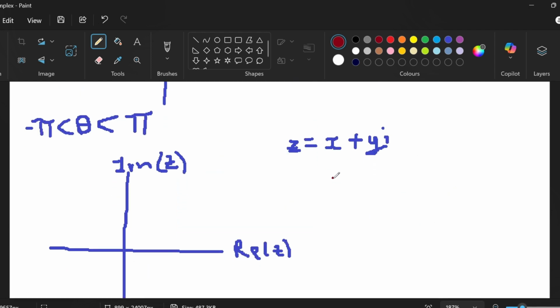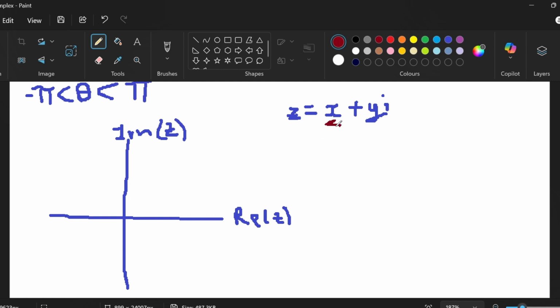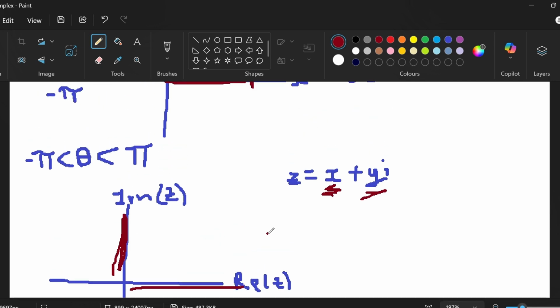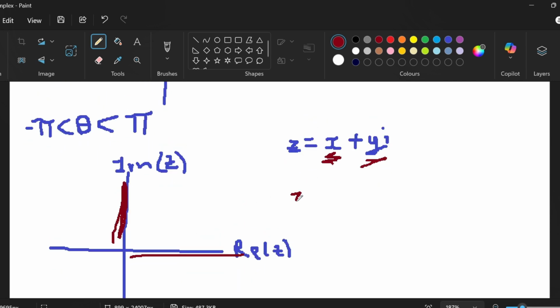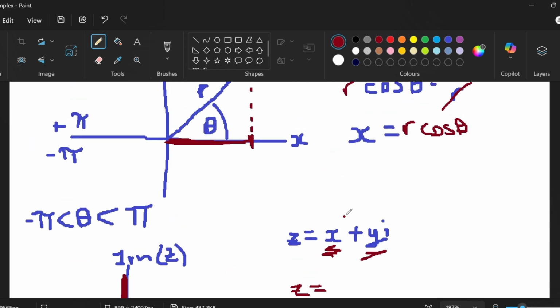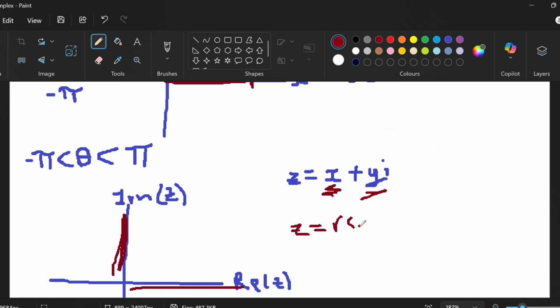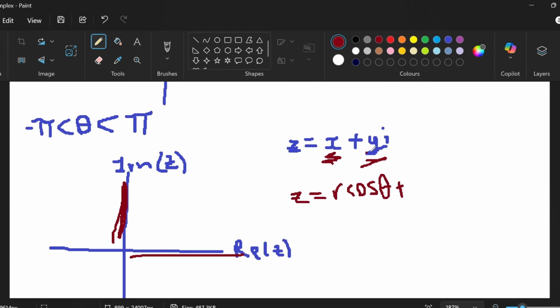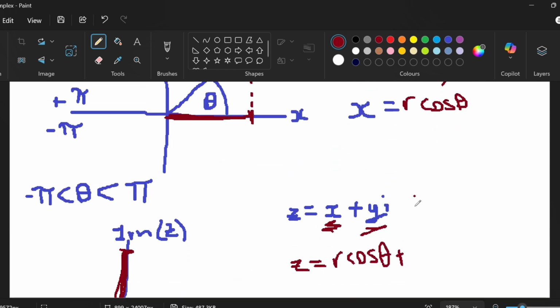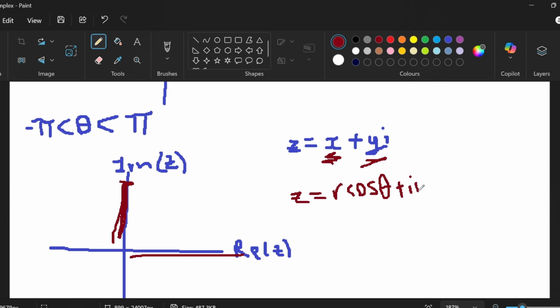Because in an Argand diagram I have my real parts on my x-axis and my imaginary parts on my y-axis, I can write this complex number as the expression for my x-coordinate, r cos theta, plus i times the expression for my y-coordinate, r sine theta.